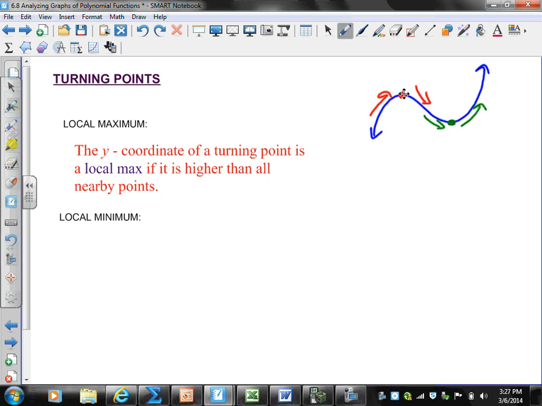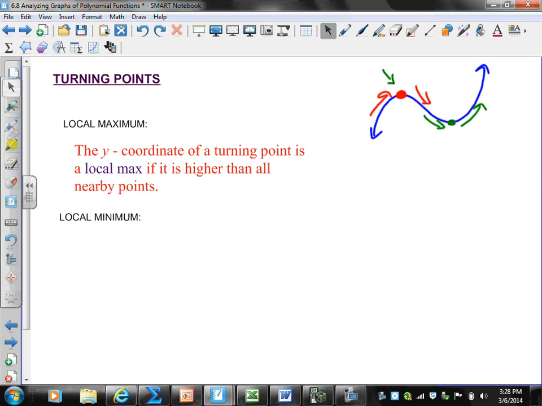If I look way out to the right, that point is higher than our local maximum that I arrowed there in green, right? That's our local max right there. But we don't want to consider points that far away. We just want to stay around this area here, and it looks like that's the highest spot in that little localized area.